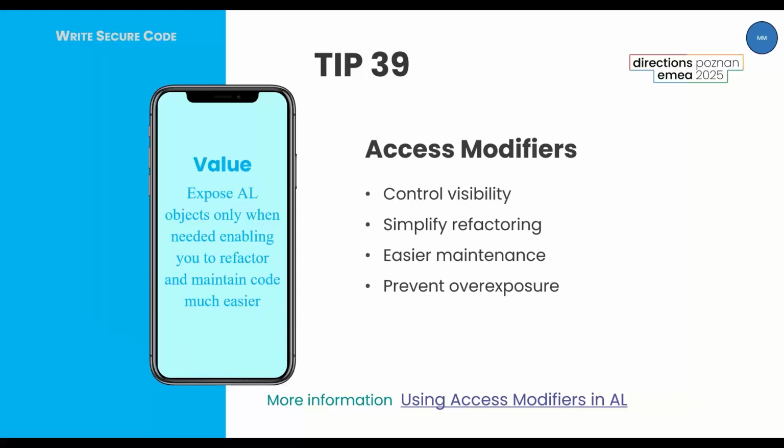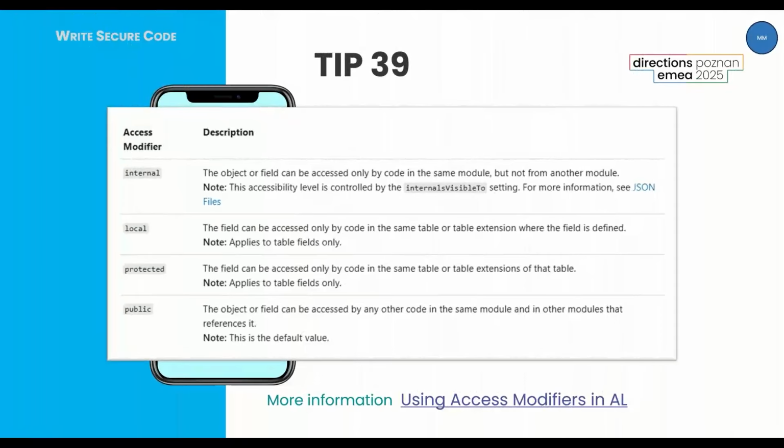Because if you have it exposed, then that means that people can use it in a way how they want, and it will be much harder for you to refactor it later, or to safeguard your data. So just expose AL objects only when needed, enabling you to refactor and maintain code much easier is the value here.